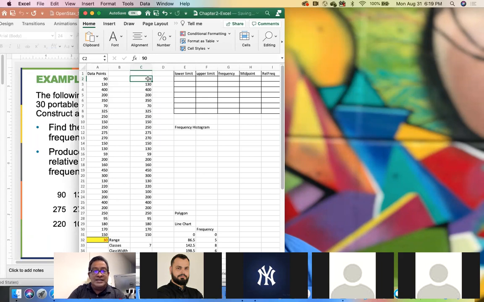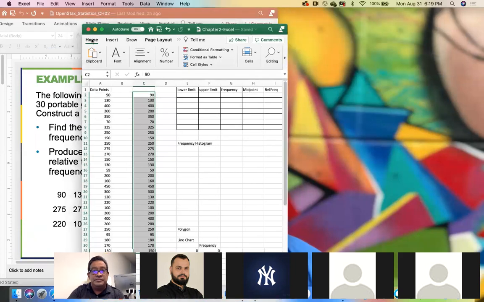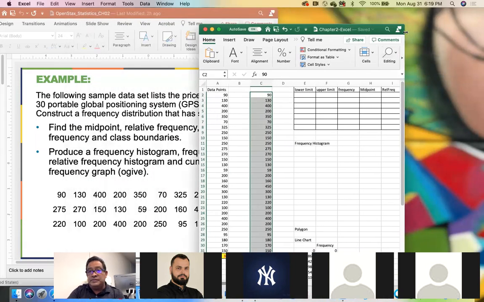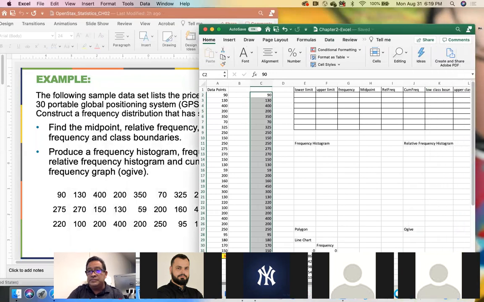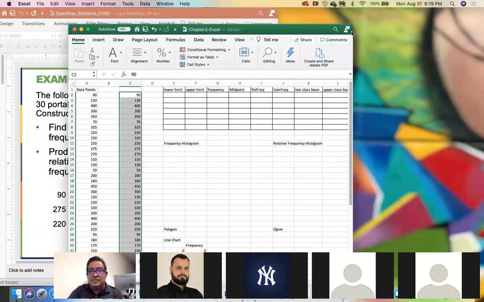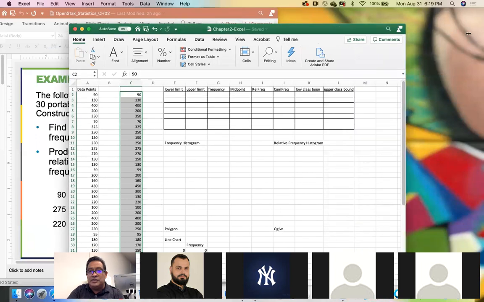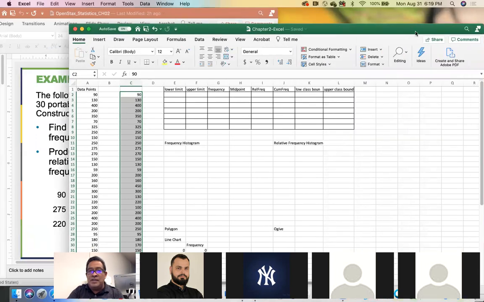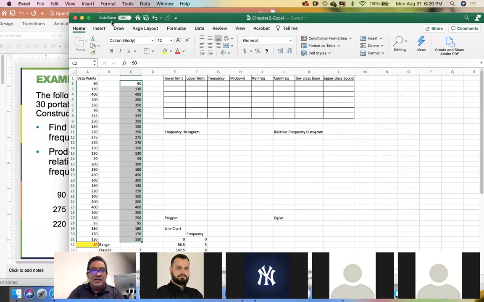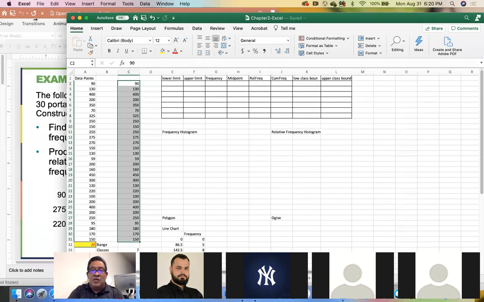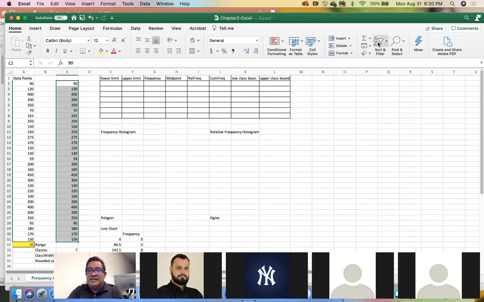So what I'm gonna do is highlight it. If you open your Excel file, you are gonna look at Sort and Filter. I'm gonna ask Excel to order the information from the lowest to the highest.